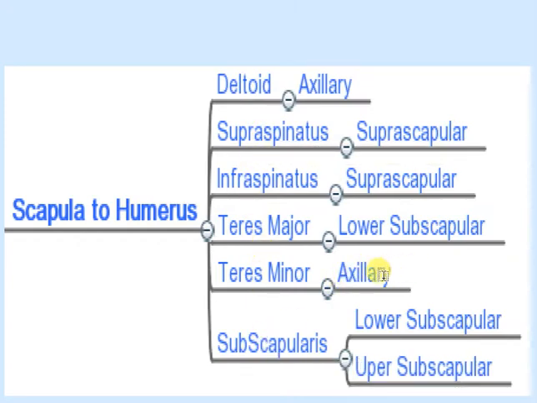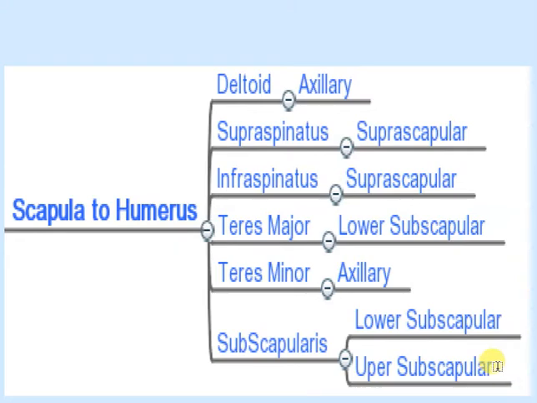subscapularis. So you see this teres minor is axillary nerve, infraspinatus is suprascapular nerve, teres major is lower subscapular, deltoid is axillary nerve, but for subscapularis we have lower subscapular and upper subscapular.